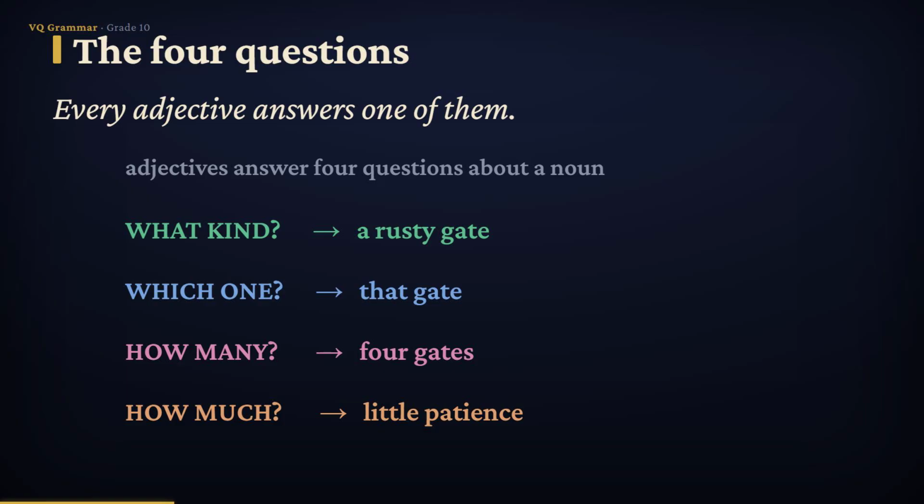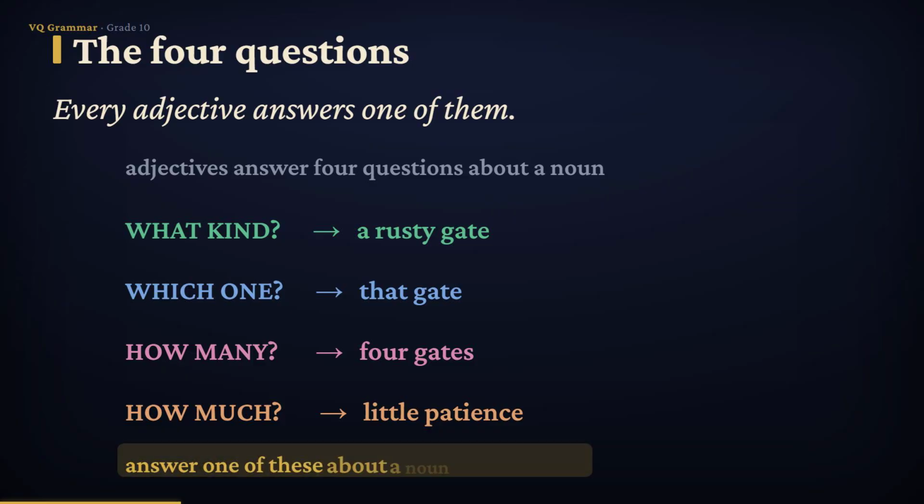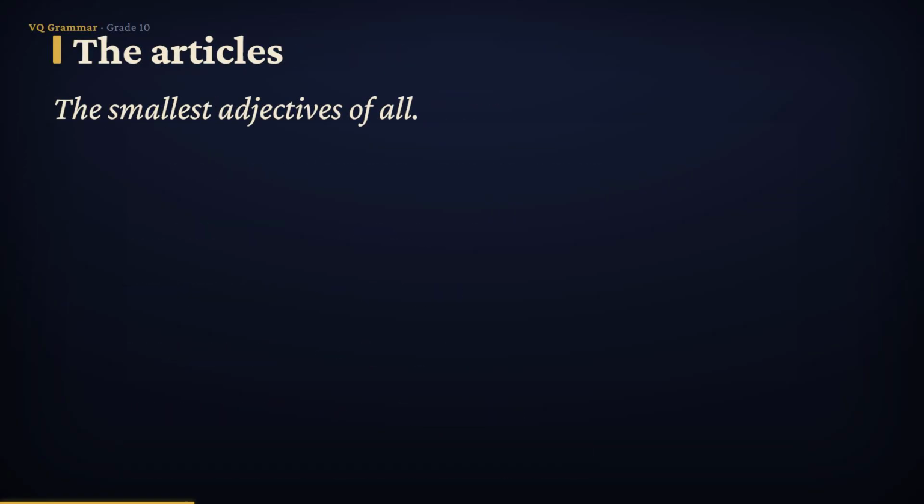What kind? Which one? How many? How much? If a word answers one of those 4 questions about a noun, you are looking at an adjective. Now, for 3 little words you use 100 times a day without noticing. A, an, and the. Believe it or not, the articles are adjectives, the smallest ones in the language.